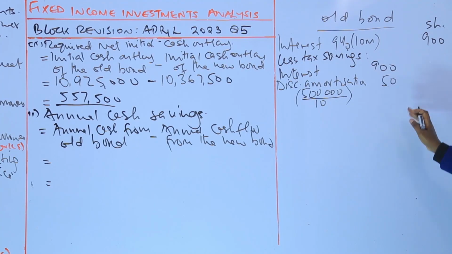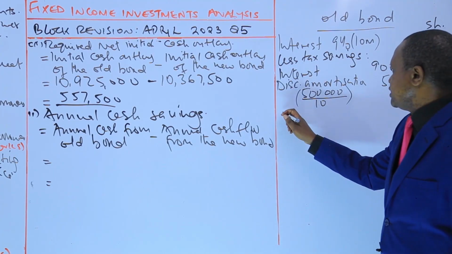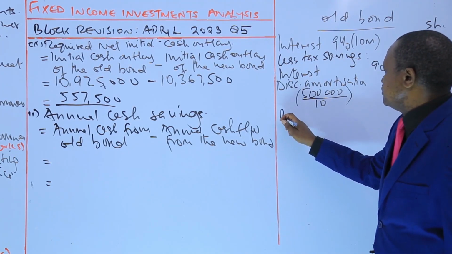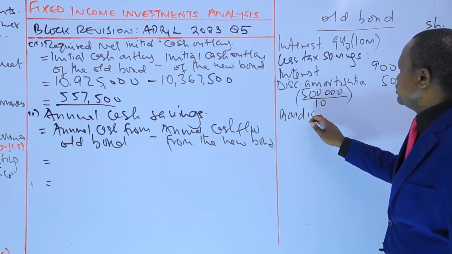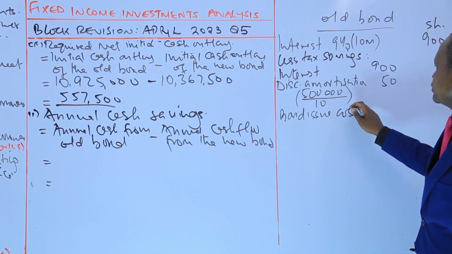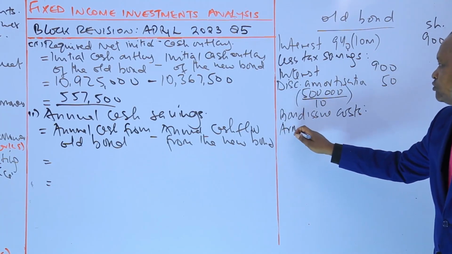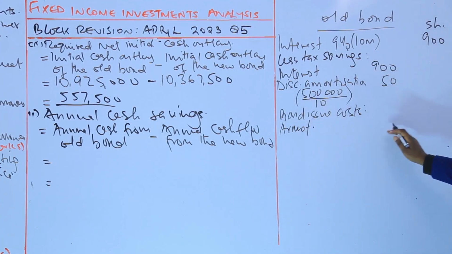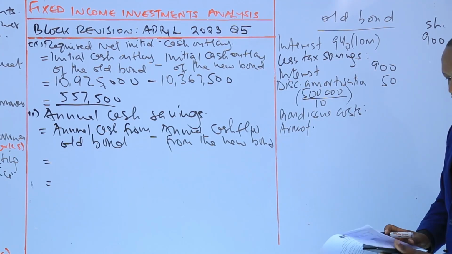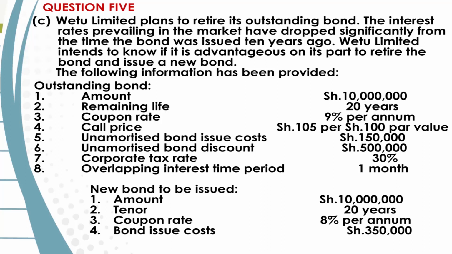Then we have amortization of bond issue costs. We know the unamortized bond issue cost from the old bond is 150,000.